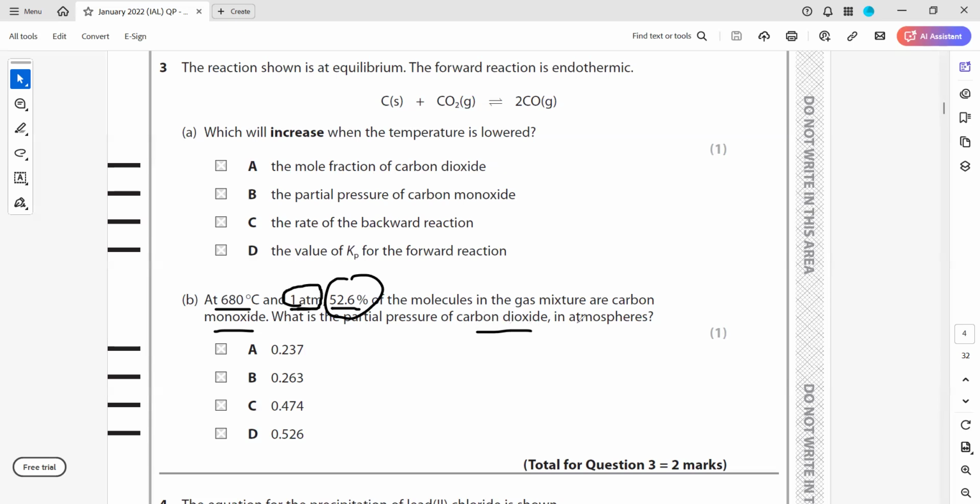What will be the partial pressure of carbon dioxide?